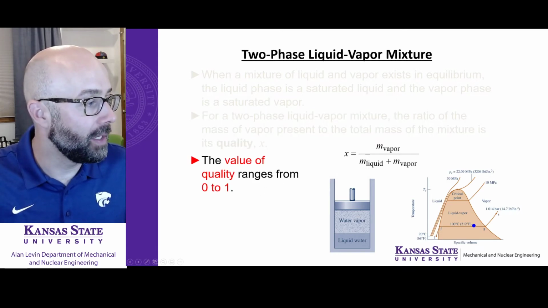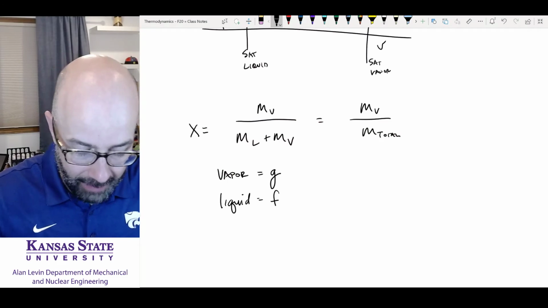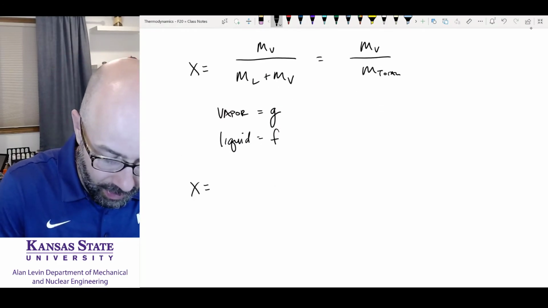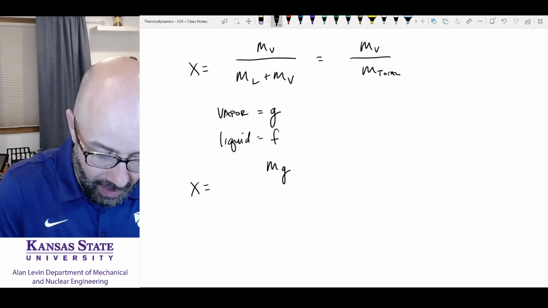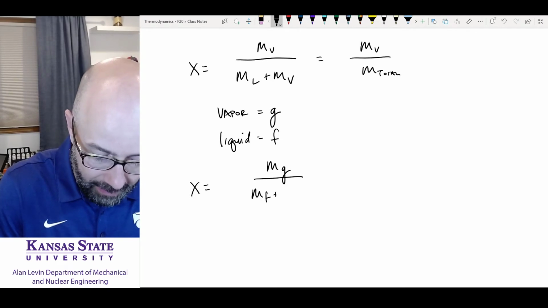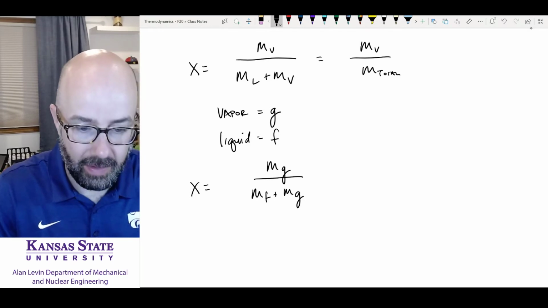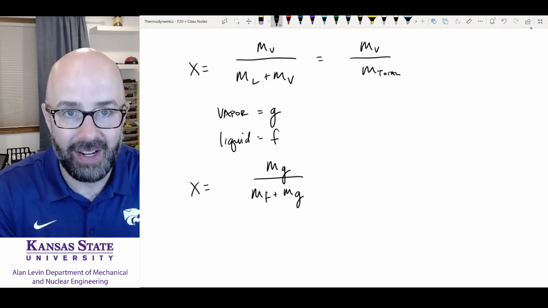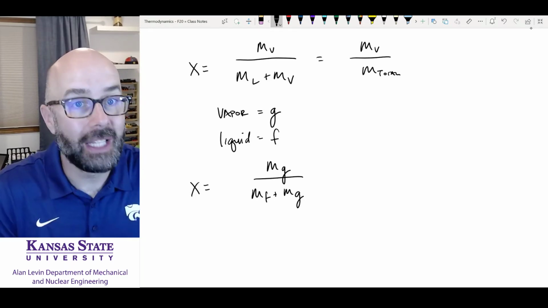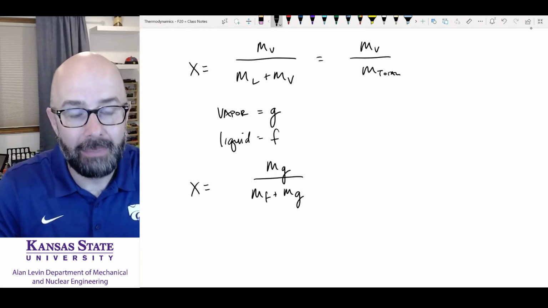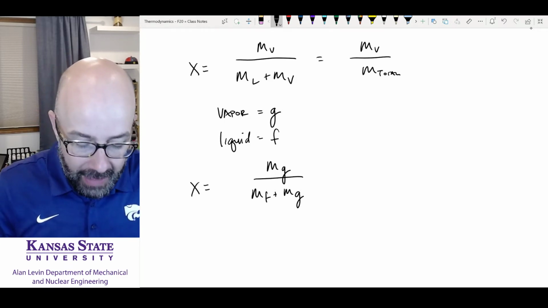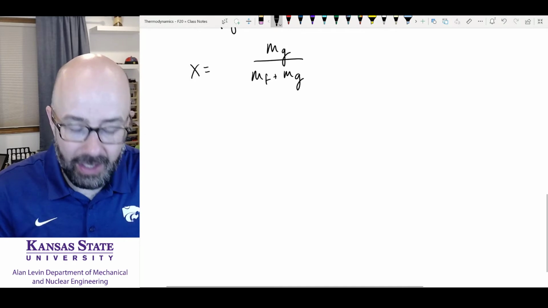So as we go back here, I'm now going to write quality is equal to mass of the vapor all over mass of the liquid plus mass of the vapor. Again, all the liquid is saturated liquid, and all the vapor is saturated vapor. Now, let's talk about how we can compare this to volume.